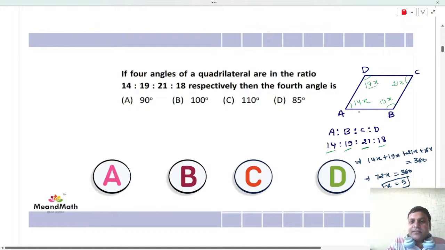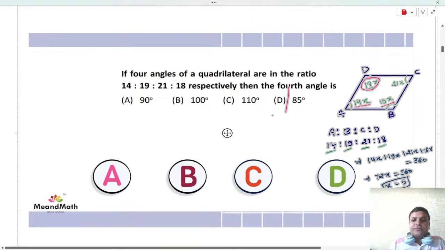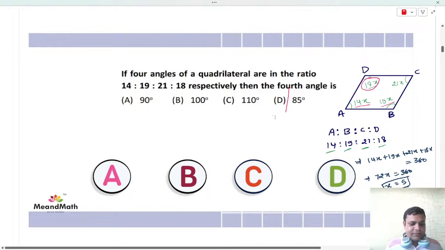So the first angle is 14x, that is 14 into 5. Second angle is 19 into 5. Third angle is 21 into 5. And the fourth angle is 18 into 5, which is 90. So the answer is 90. First option is the correct answer, 90 degree here.